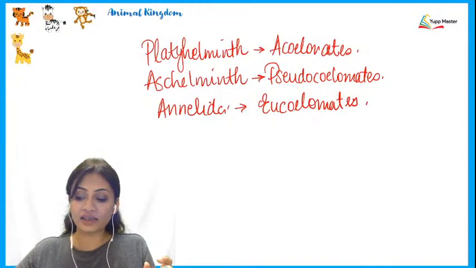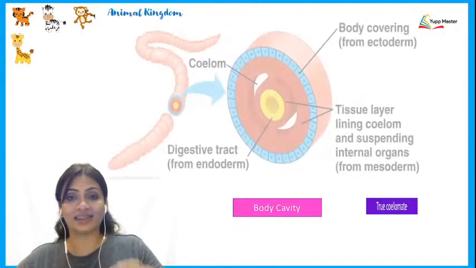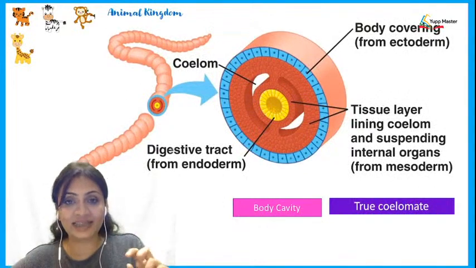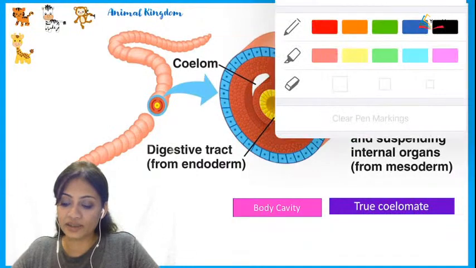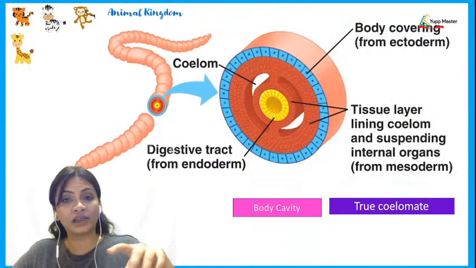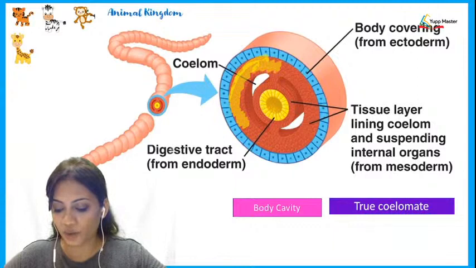Now when I'm saying that it is a true coelomate, what do I mean by that? True coelomates indicate that the mesoderm has been split in such a way that a part of the mesoderm is lining the body wall. Over here in this diagram, this is that region which is lining the body wall.